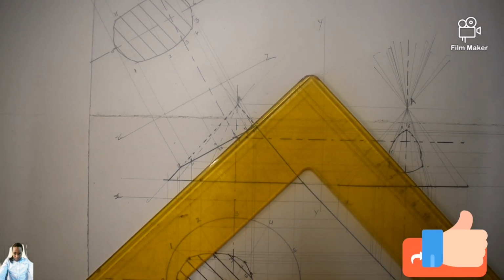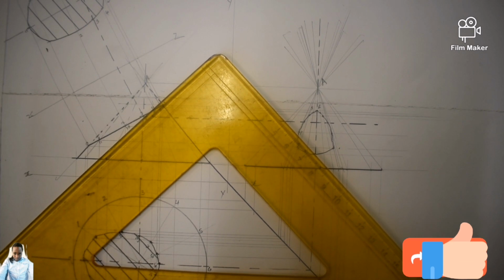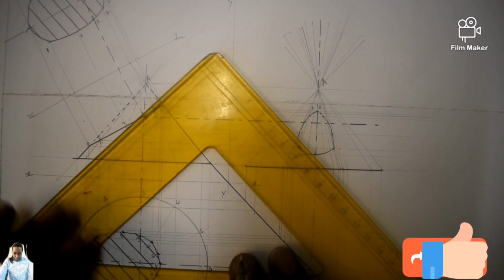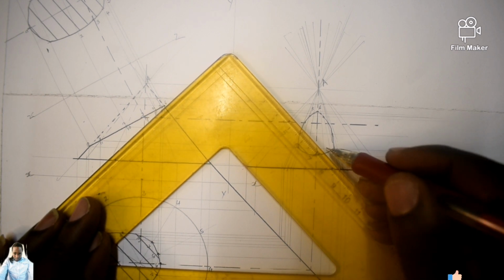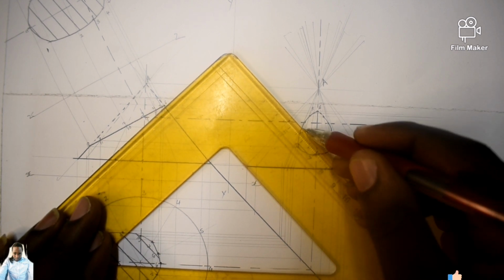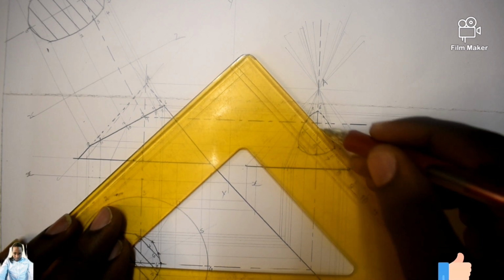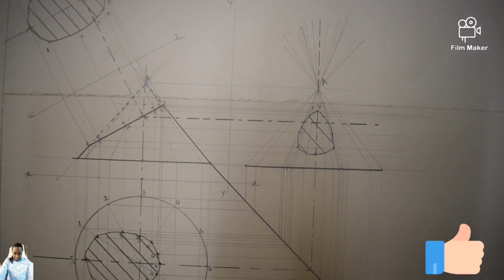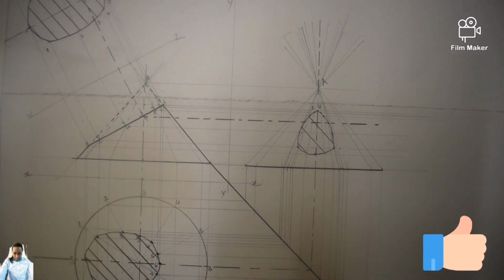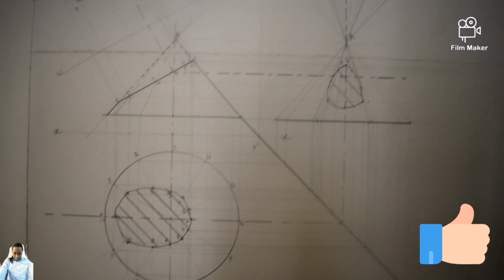Remember, the direction of your hatches is supposed to be the same, equally spaced as well. Then from there, what is left is this.